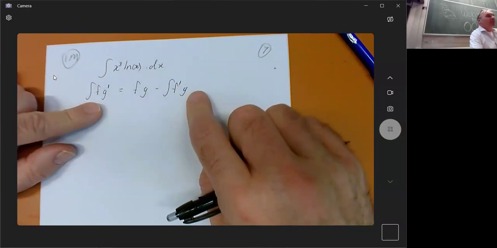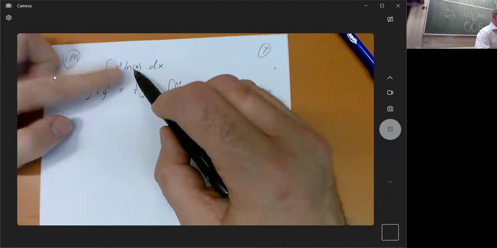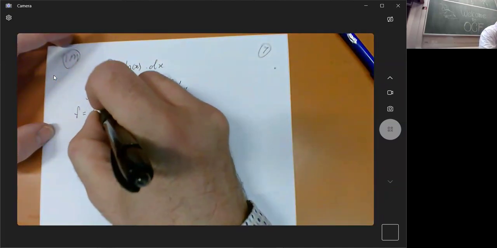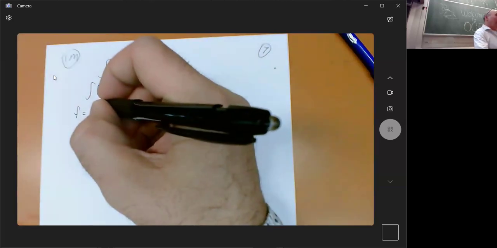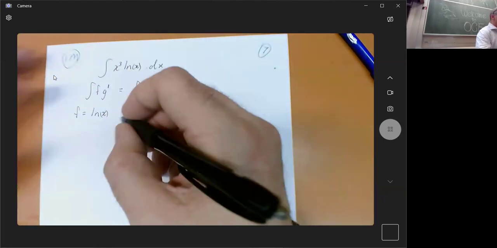It doesn't matter. I don't like to use the g and the v and the u and the v, because with my handwriting they look almost identical, and that sucks. So that's why I want to separate them. I want to differentiate ln, so I want f to be equal to ln of x, because if I could integrate ln of x, I wouldn't need the integration by parts thing.